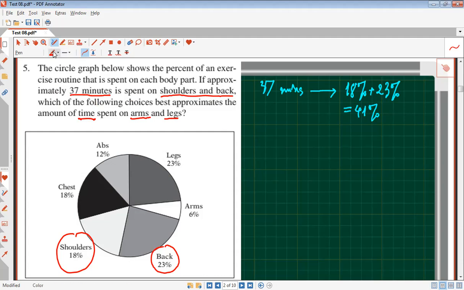We need to convert: 1% is corresponding to how many minutes?